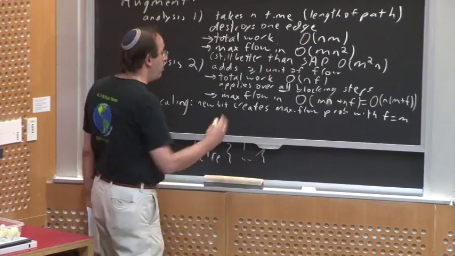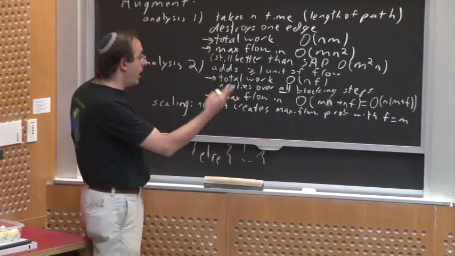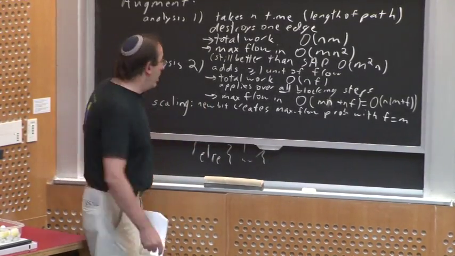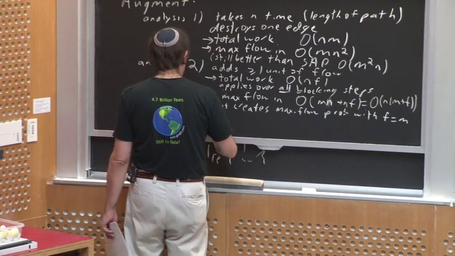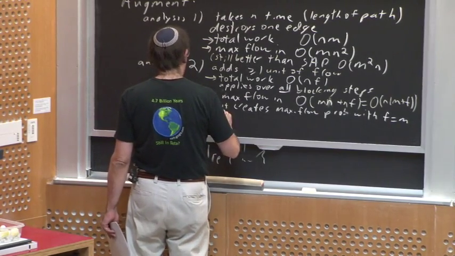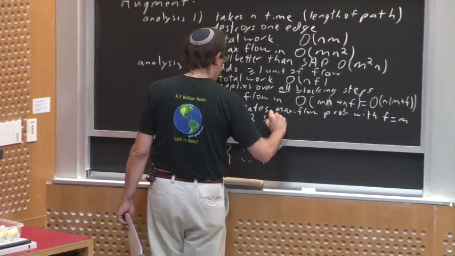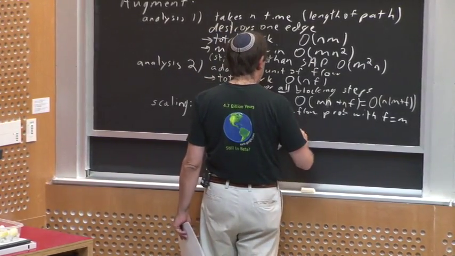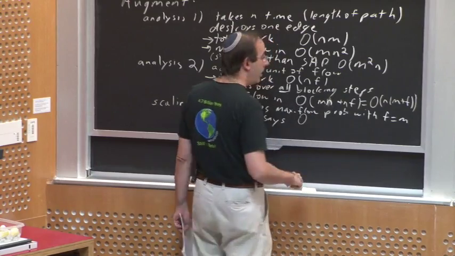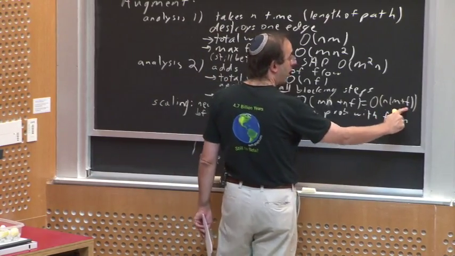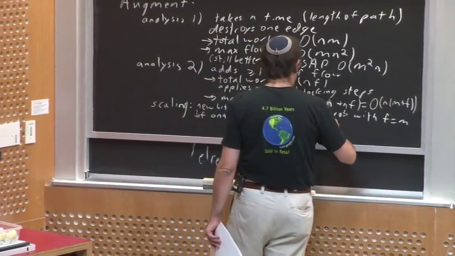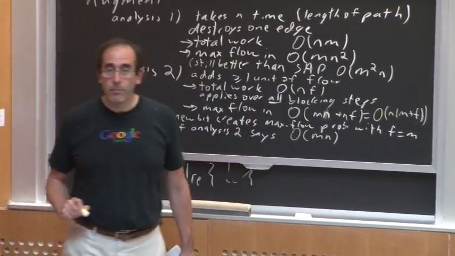So if a new bit creates a max flow with flow value equal to m, then our blocking flow analysis, number 2, says that the time to find a max flow in that new graph, and you just plug in f equals m over here, is order mn, right?